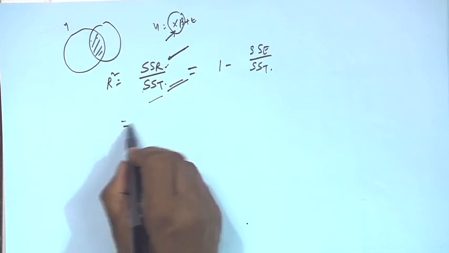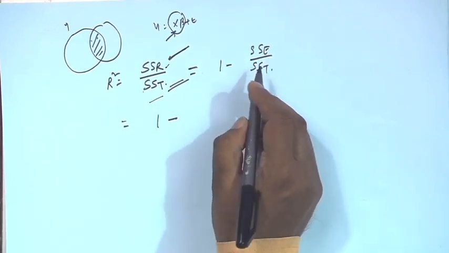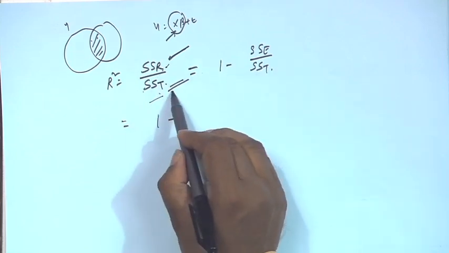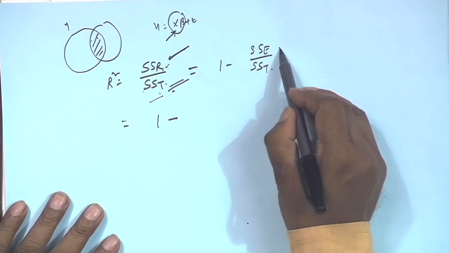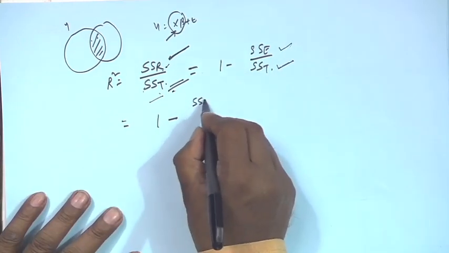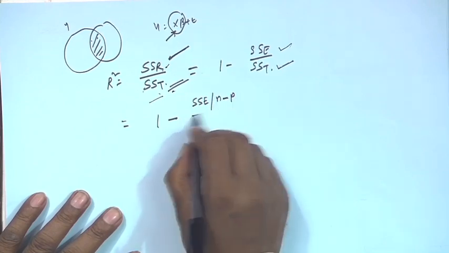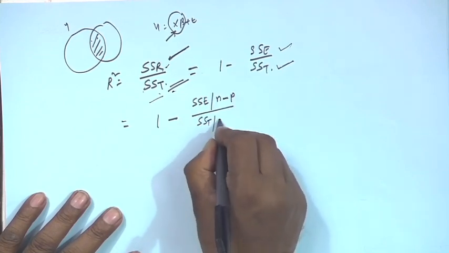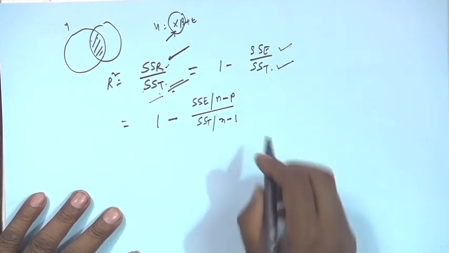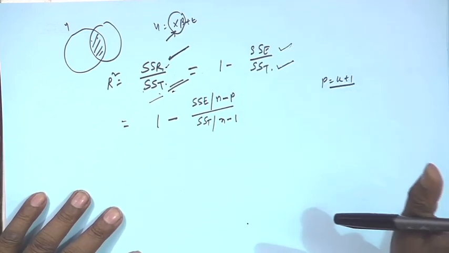If I expand this, we can write SSE by n minus p over SST by n minus 1, where p equals k plus 1.